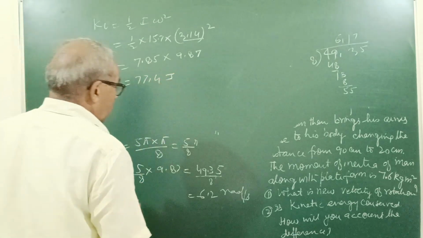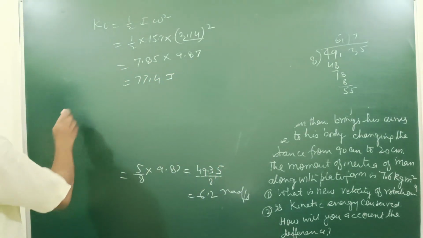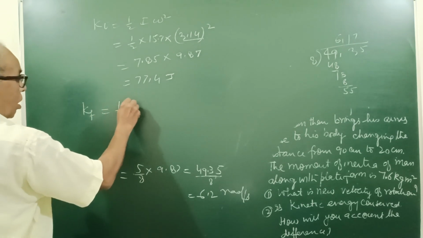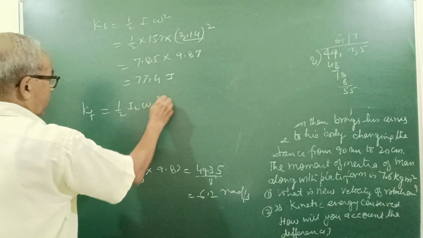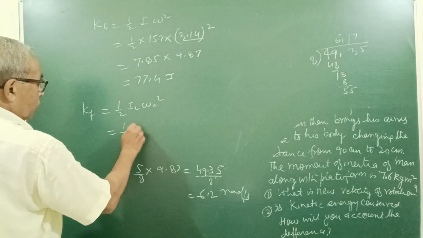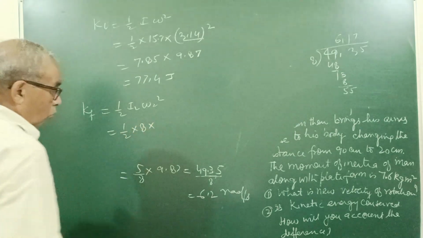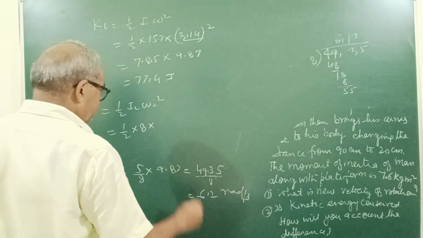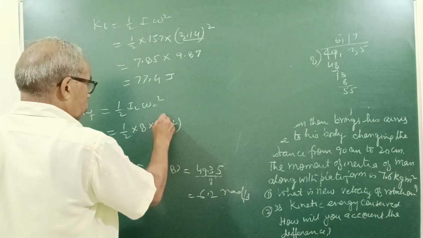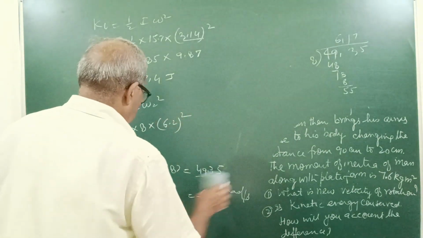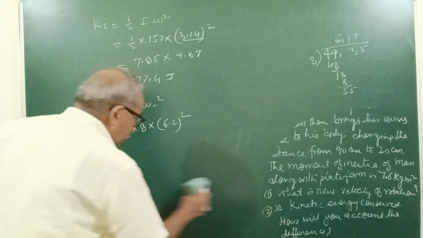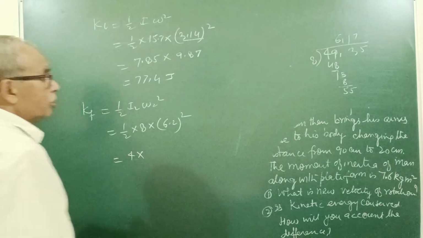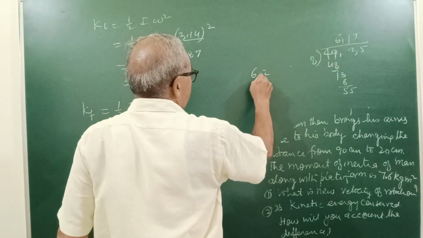Joule. Now final energy, K final, is half I2 omega 2 square. Half I2 was our 8 only, omega 2 was our 6.2, 6.2 square. So how much is it? 4 into 6.2 square.